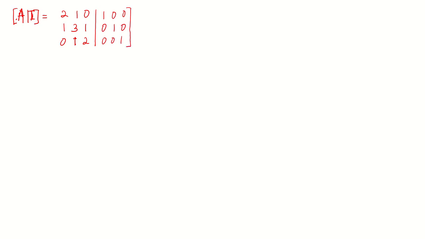So this is the augmented matrix. That's the first thing you have to do when solving for the inverse of a matrix using the Gauss-Jordan elimination method.